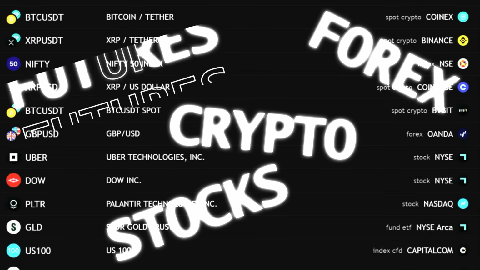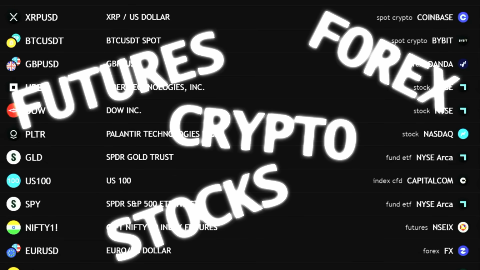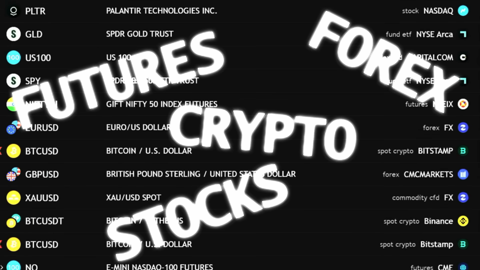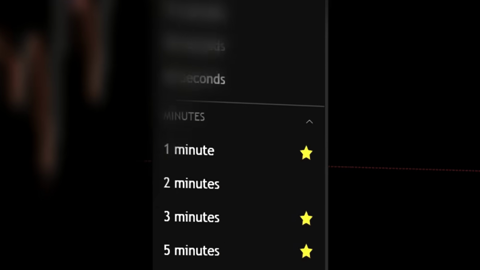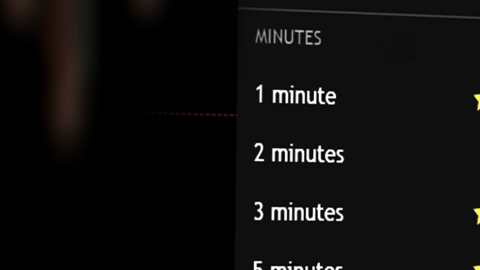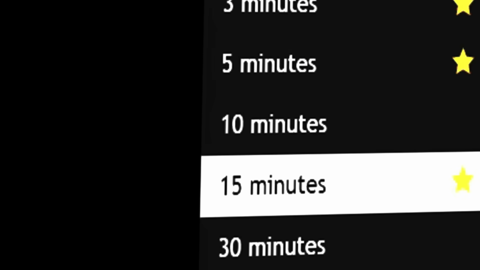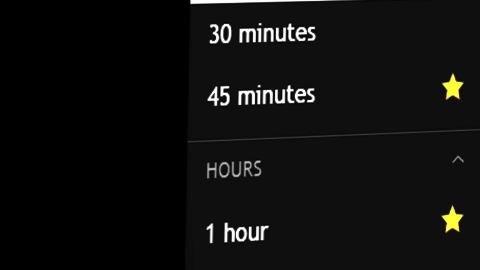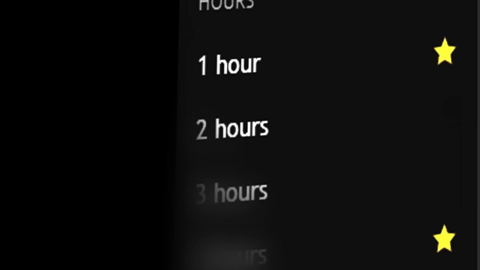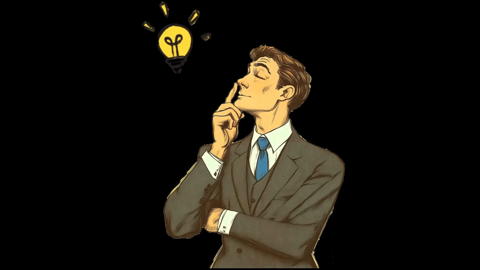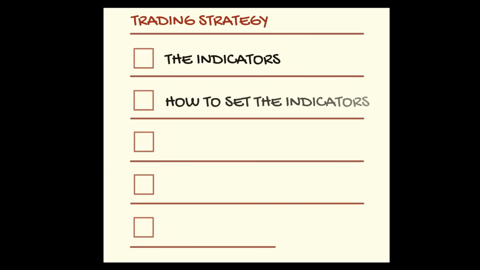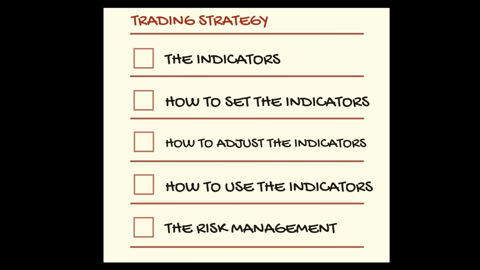This way of thinking can apply to a lot of different markets. So let's focus on the how and the why: the indicators we're using, how to set them up, and the thought process behind the trade.